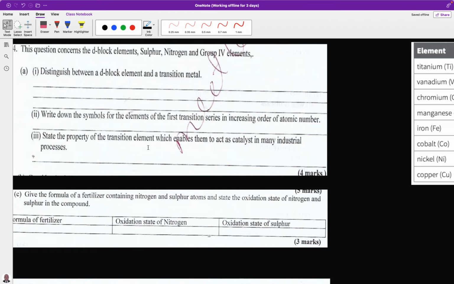For that purpose, the property that enables them to act as catalysts in many industrial settings is that they have variable oxidation states. You can just take variable oxidation state.